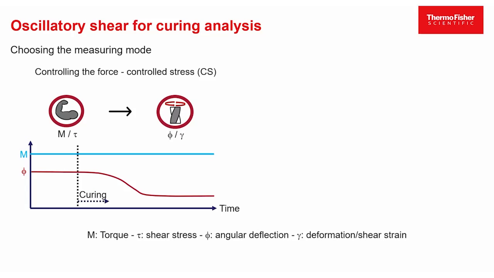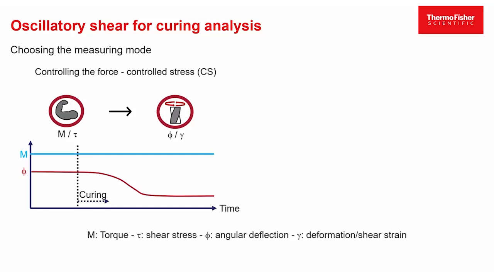As already mentioned, oscillatory measurements can be performed by controlling the force and measuring the resulting deflection. When speaking in rheological terms, the force or the applied torque corresponds to the shear stress, whereas the deflection corresponds to the actual deformation of the sample. As soon as the curing starts, the material gets stiffer and stiffer, and therefore the deflection resulting from the applied force gets smaller and smaller.